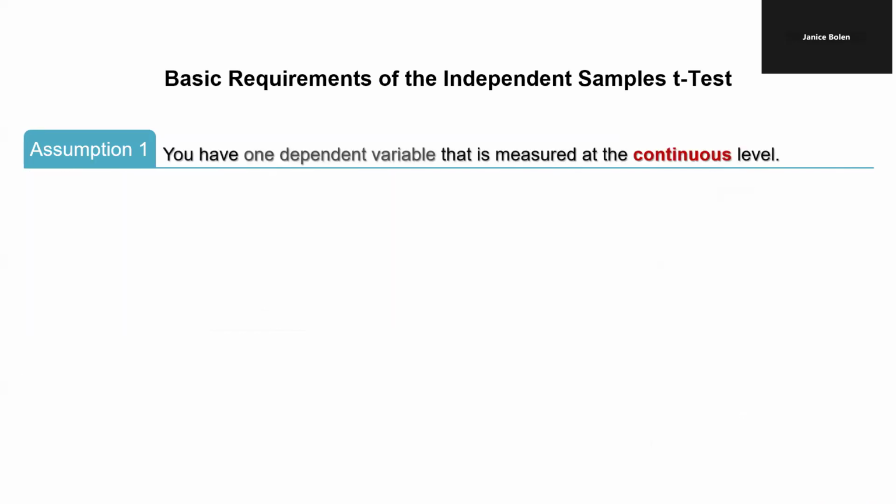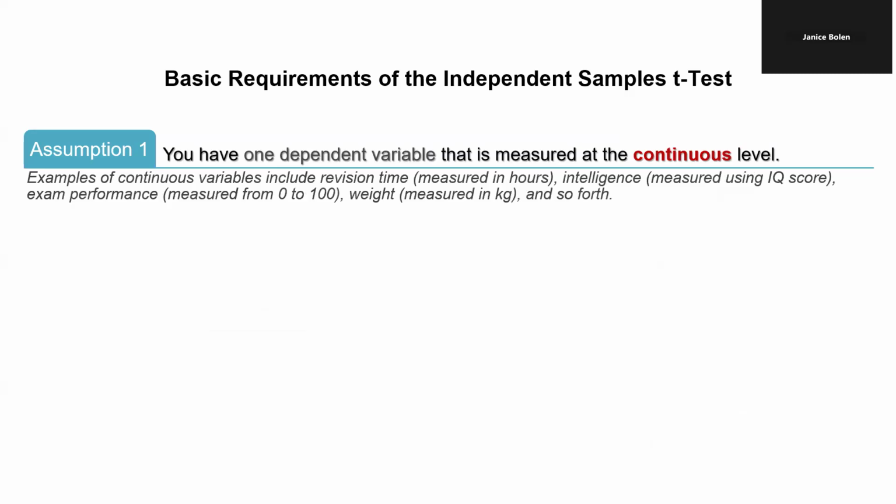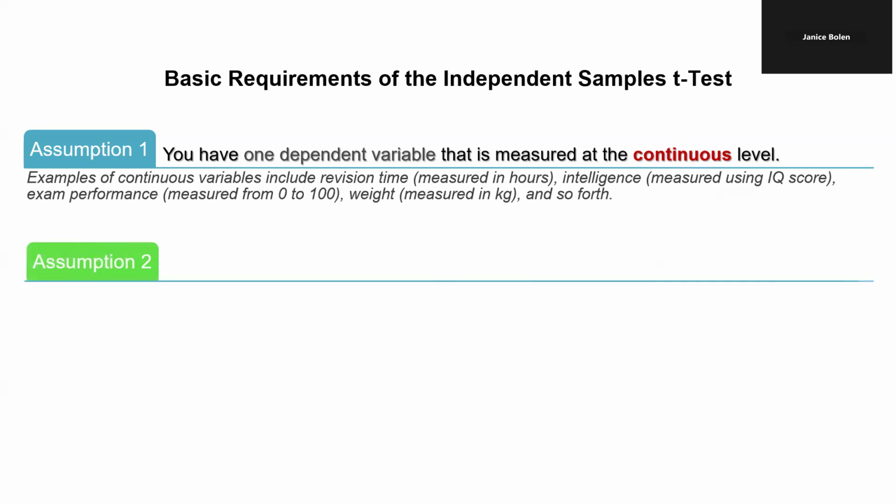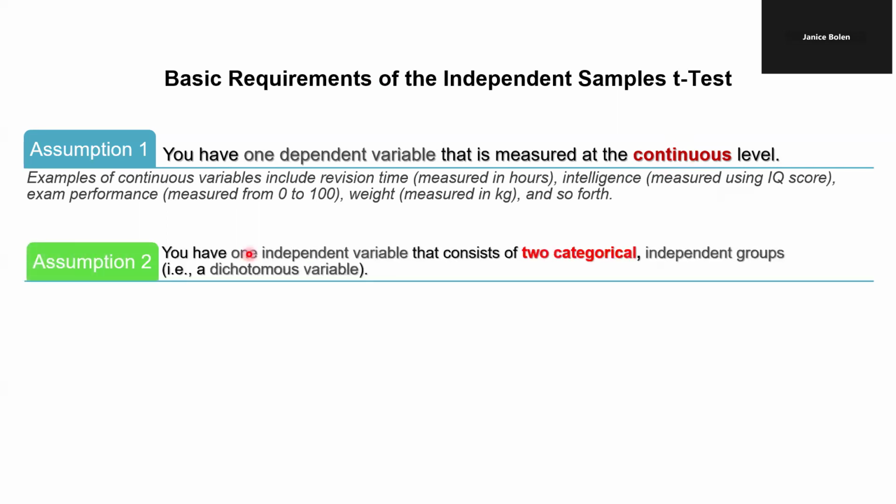The first assumption is that you have one dependent variable, which is measured at the continuous level, meaning it is either in the interval or in the ratio level. Our second assumption: you have one independent variable, or what we refer to as your grouping variable, and it is composed of two categories or two groups.